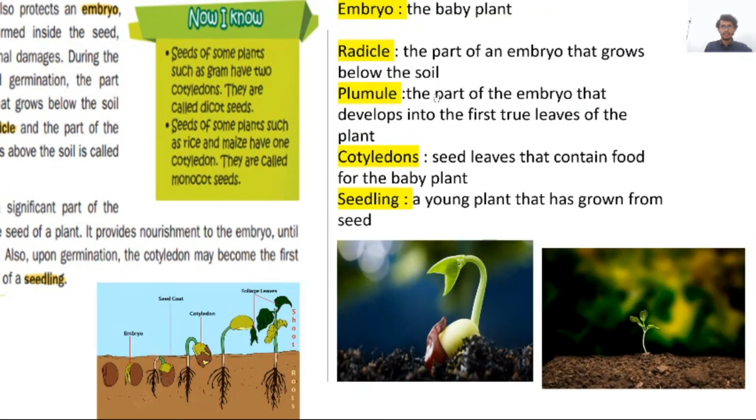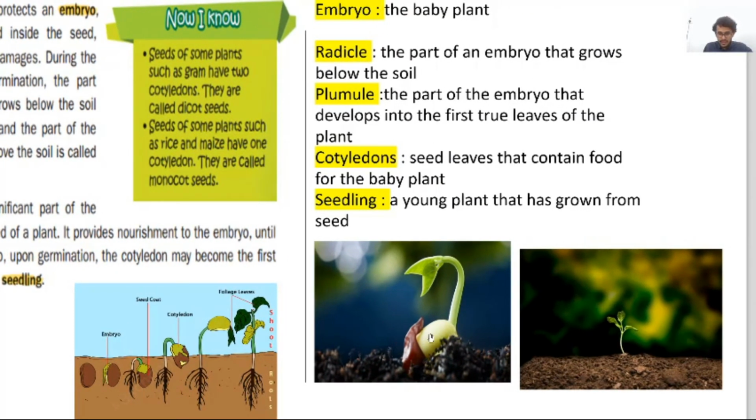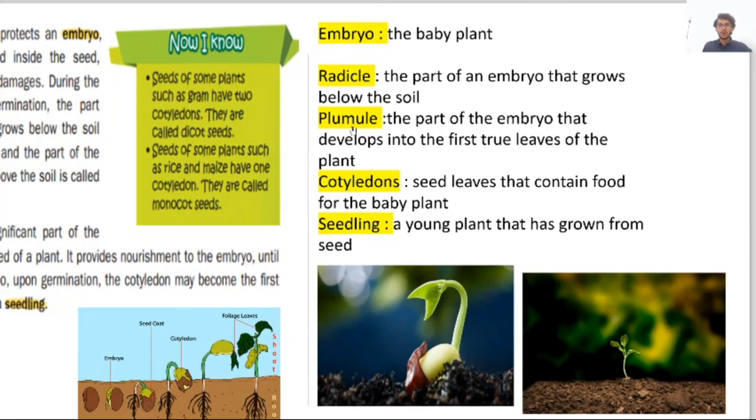I have another diagram. You see, this is the seed, this is the embryo. This part that is growing above the soil is a plumule, the part of the embryo that develops into the first true leaves of the plant.